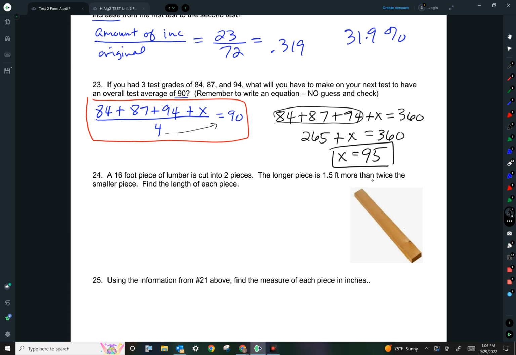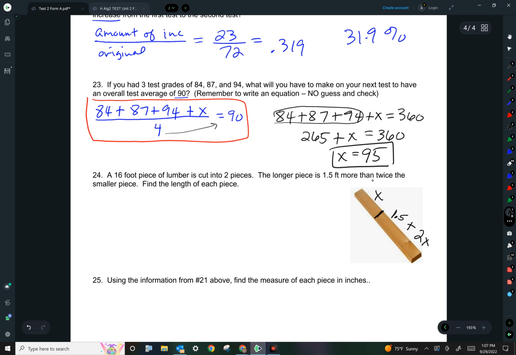Okay, so look at number 24. A 16-foot piece of lumber, so the whole thing is 16, is cut into 2 pieces. So let's say I cut it right here. The longer piece is 1.5 feet more than twice the smaller piece. All right, I'm going to call this the smaller piece. We'll call that X. And I know the longer piece, so I'm just reading this, is 1.5 more than twice the smaller.